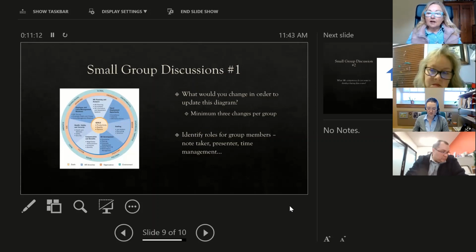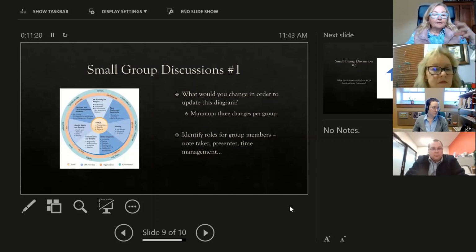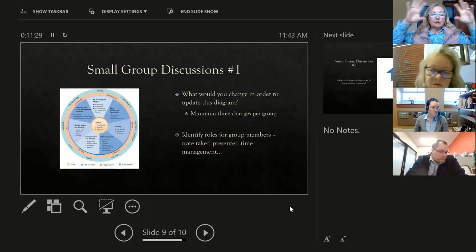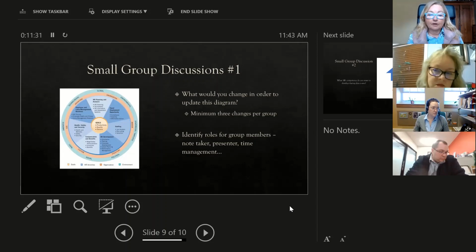And the question that I was asking you to think about as you went through the articles was this diagram that was supposed to represent the human resources function, its goals, its areas, and some of the external organizational and global things that impact on them. So I'm going to put you into 4 groups, and there'll probably be 3 people in each group.